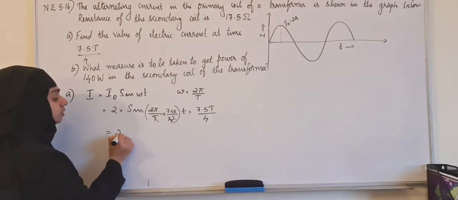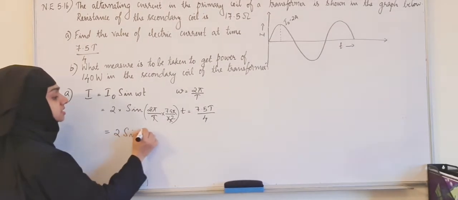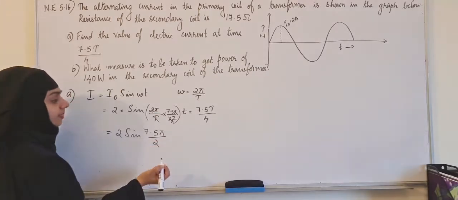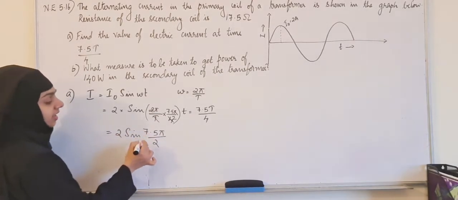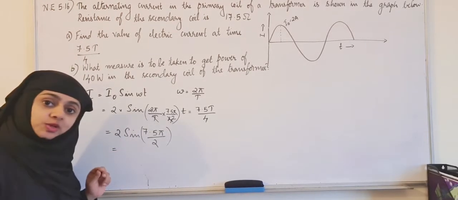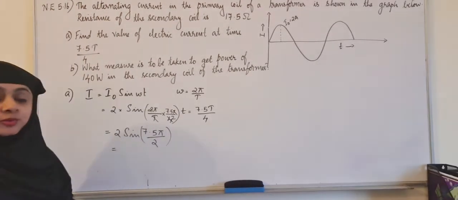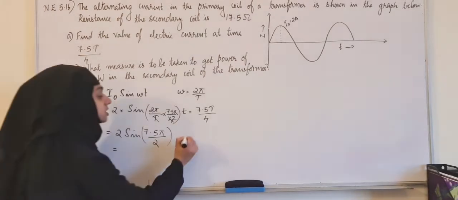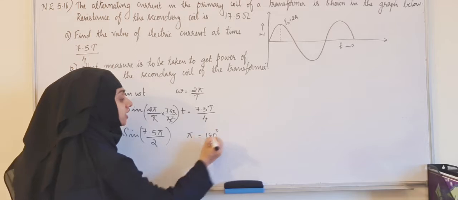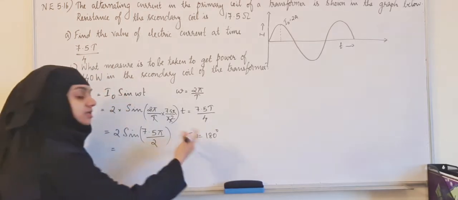So this is equal to 2 sine 7.5 pi by 2. Here you can directly use the radians mode of your calculator and find the value, or you can substitute instead of pi 180 degree. Pi radians is equal to 180 degree.